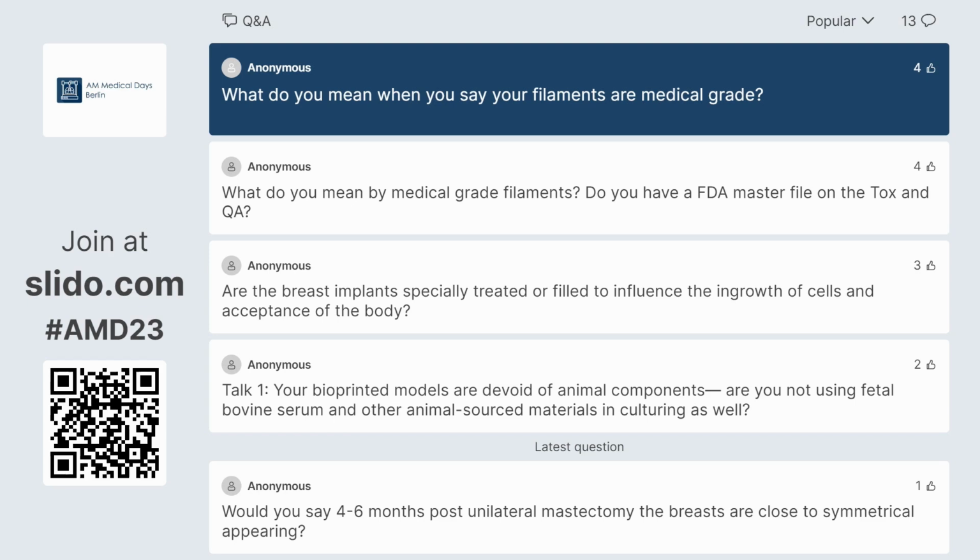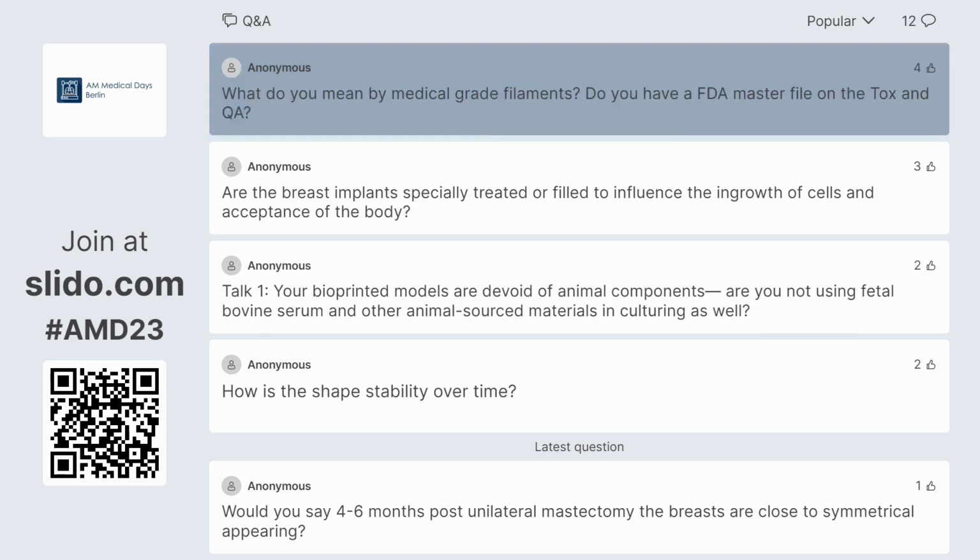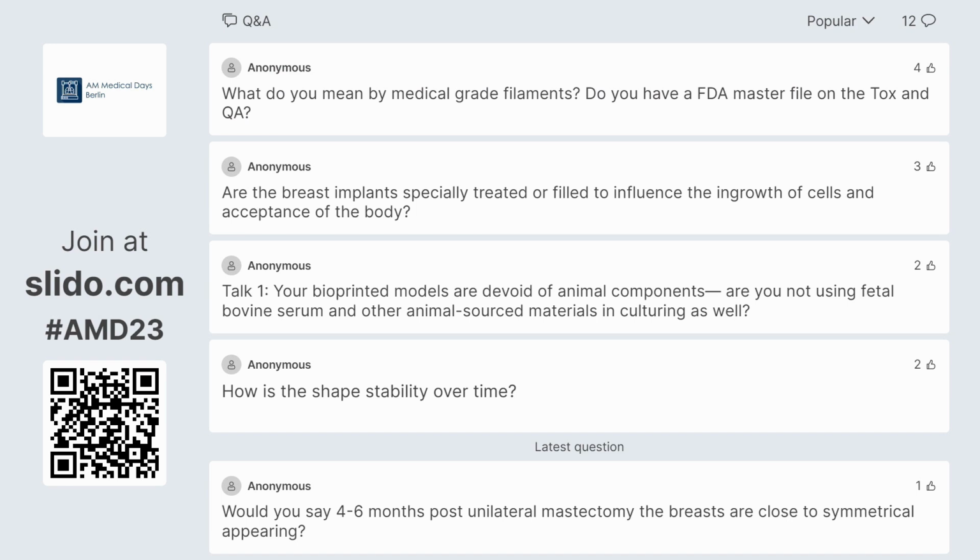It's called medical grade since the toxicity is compliant to ISO 10993. You have a file on the GMP product itself.